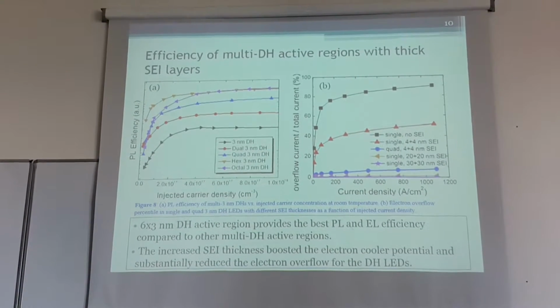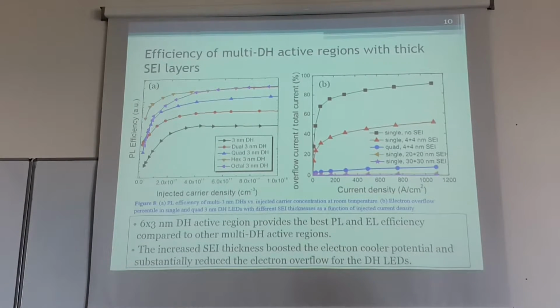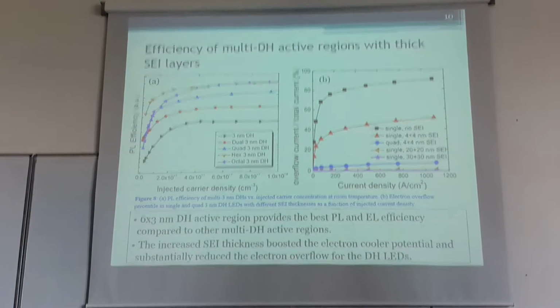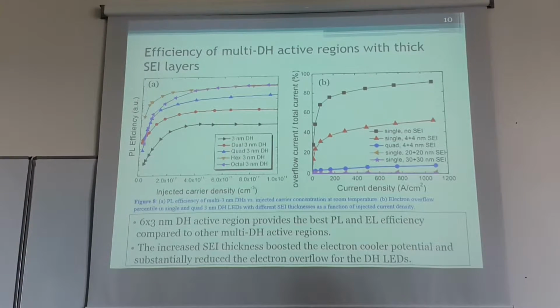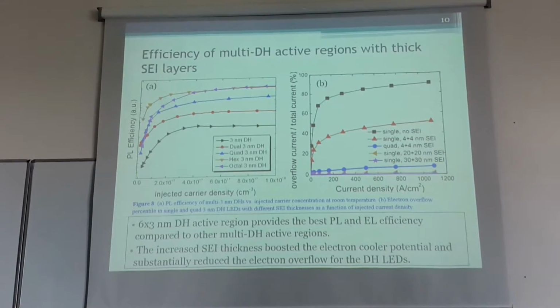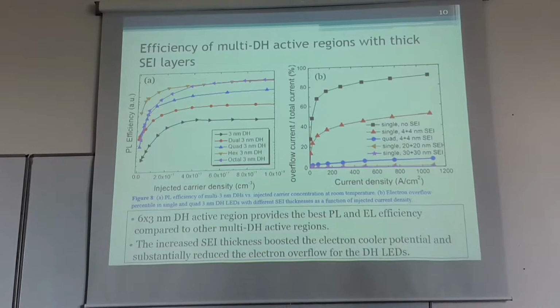In explaining this, as I told you, we are doing band engineering. We used staircase electron injectors to cool carriers which have higher kinetic energy. We investigate the SEI, staircase electron injector, thicknesses, to see if we can reduce the electron current leakage from these active regions.